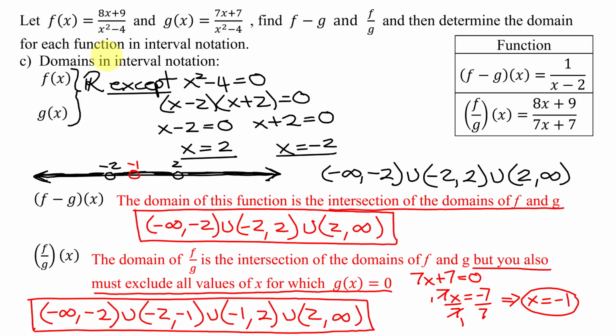So if you don't like finding the domains this way, please use the unsimplified versions of the functions we found on the previous page, not the simplified versions I've written up here. You can also see that for the difference function, if you look at the simplified version here, it only appears that there's one domain issue of x equals 2. But notice there were two problems in this when x equaled 2 and negative 2.